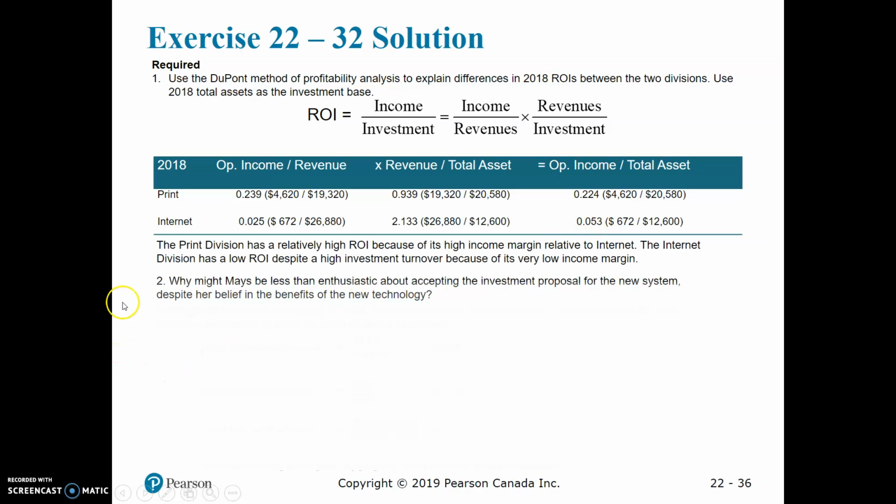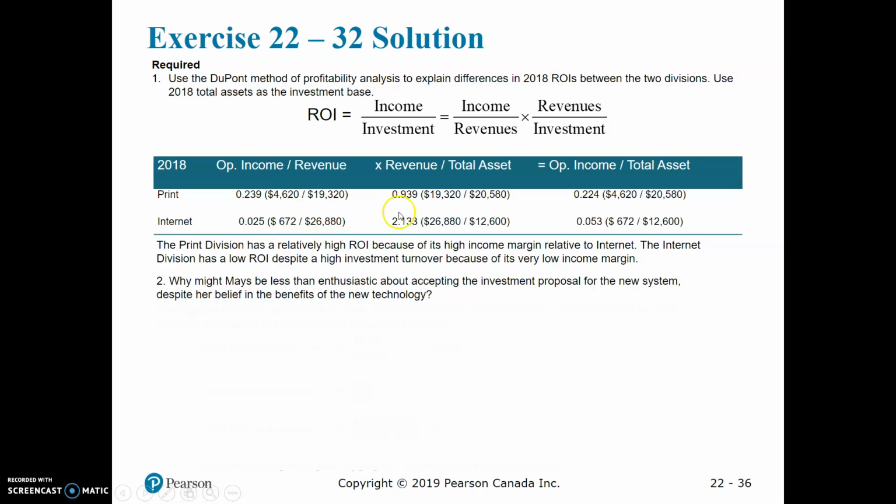As you can see, the print division clearly has a higher ROI of 22.4% compared to only 5.3% for the internet division. The reason is that the return on sales is 23.9% for the print division, while it's only 2.5% for the internet division.